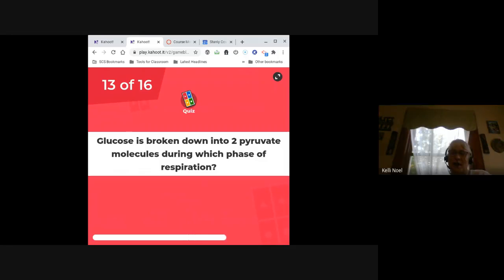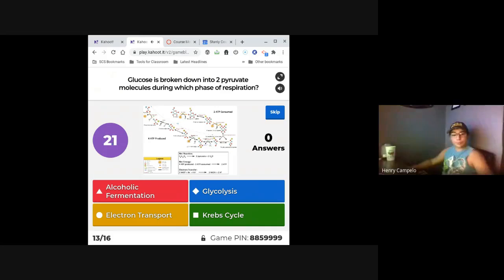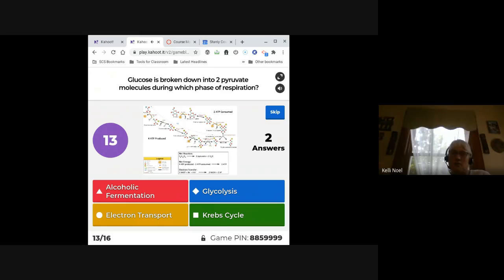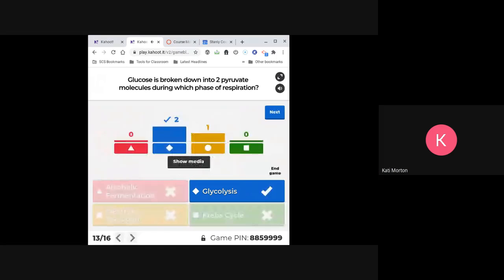Glucose is broken down into two pyruvate molecules during which phase? When did I say glucose was cut in half? Think about how glucose is spelled.